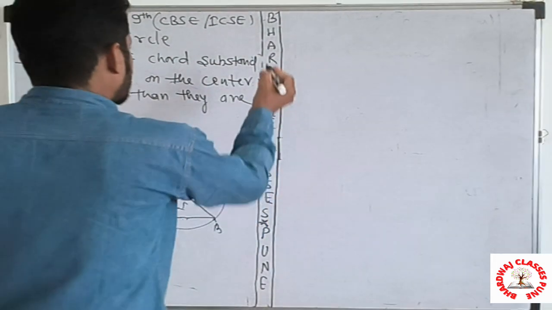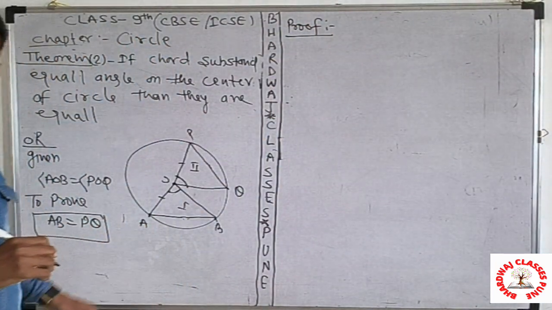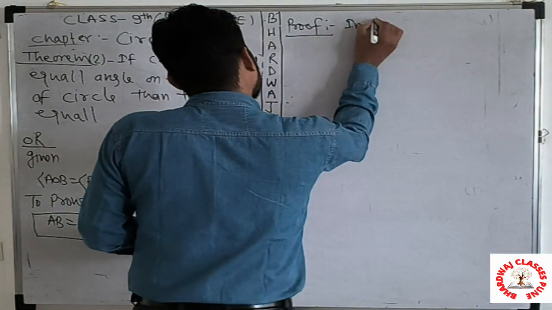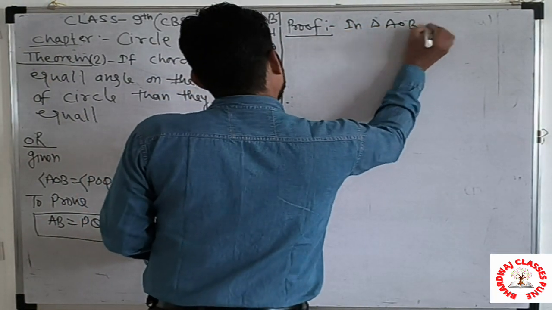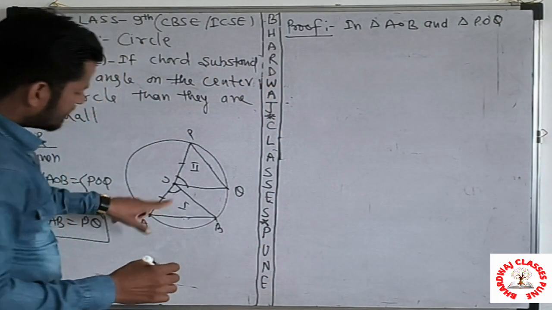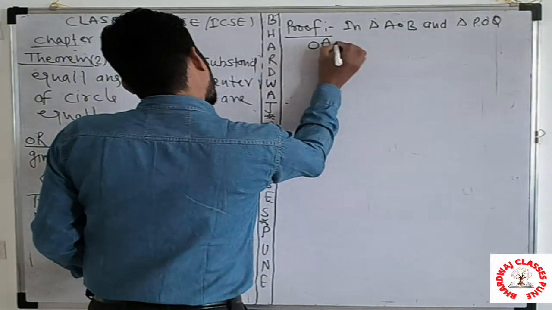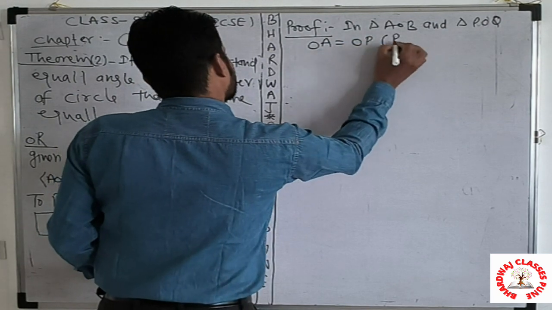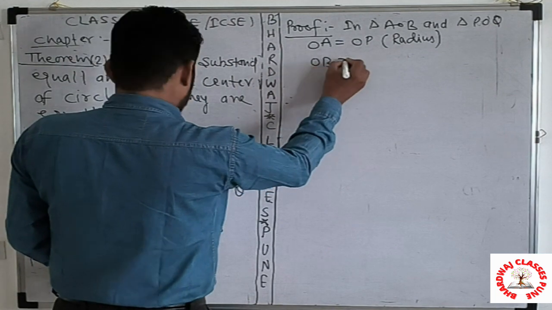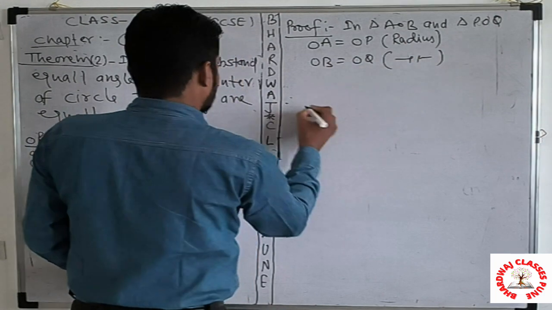So guys, see how we can prove it. Again in the proof, we apply the congruency rule of triangles. In triangle AOB and triangle POQ, again you can see that OA is equal to OP, since it is the radius of the circle. Again, OB is equal to OQ, the same radius of the circle.